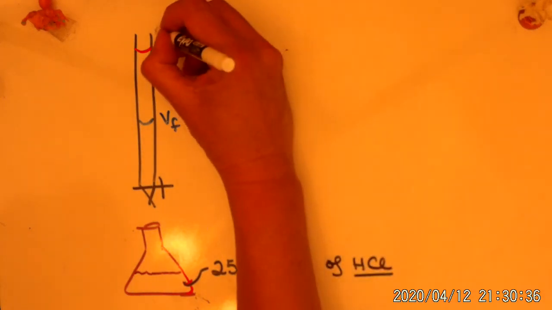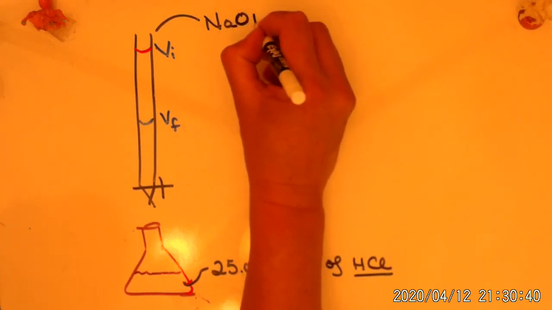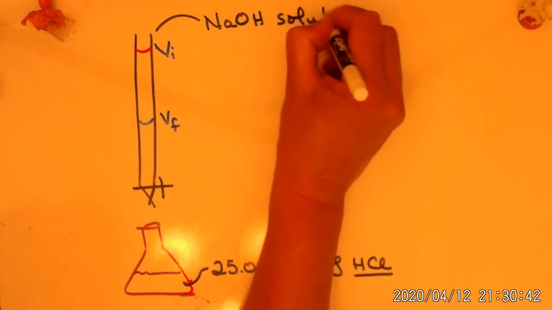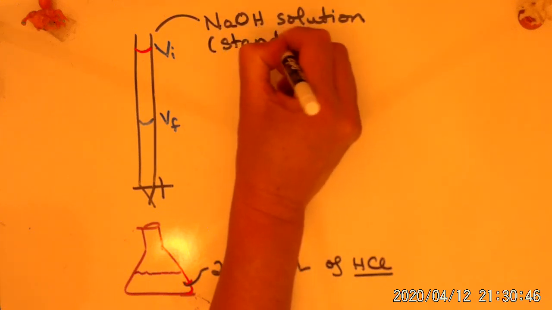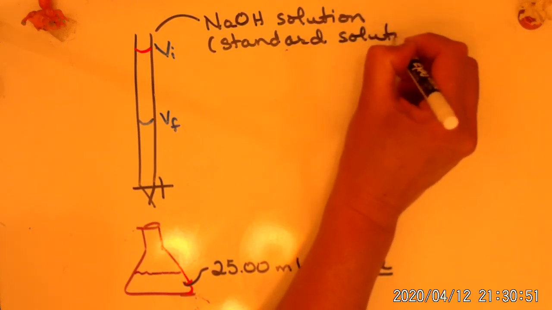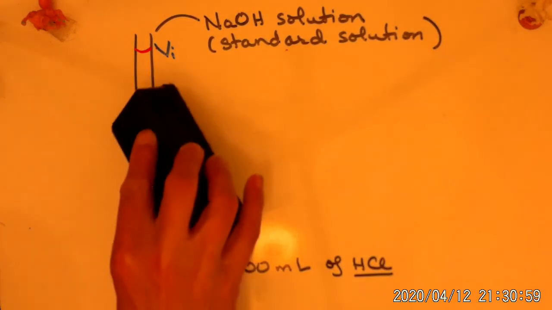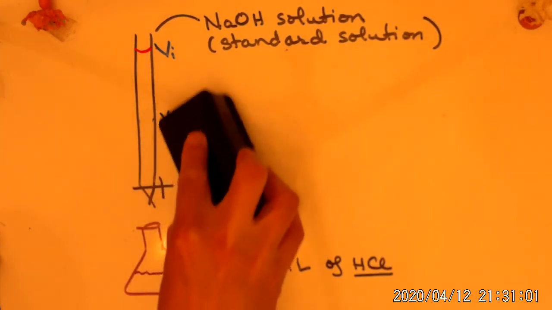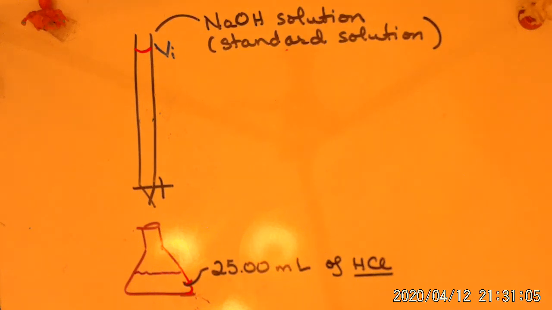But now, this is your sodium hydroxide solution, and you know the concentration. This has now been standardized. So this is your standard solution because you just determined what the concentration is. And we do another titration. In this case, you're looking from knowing this, you're looking for that.